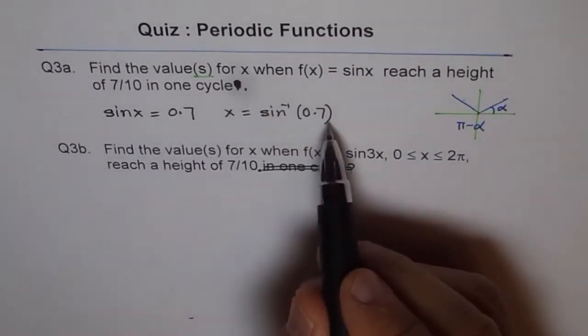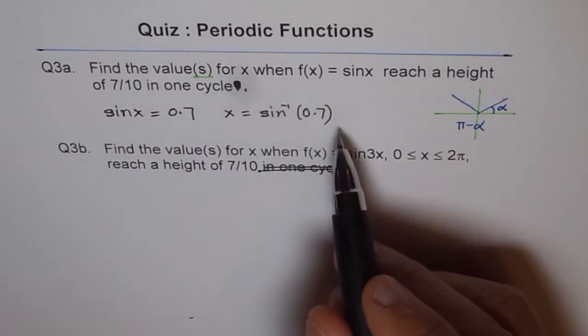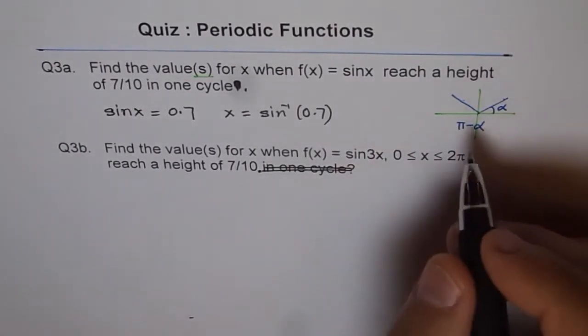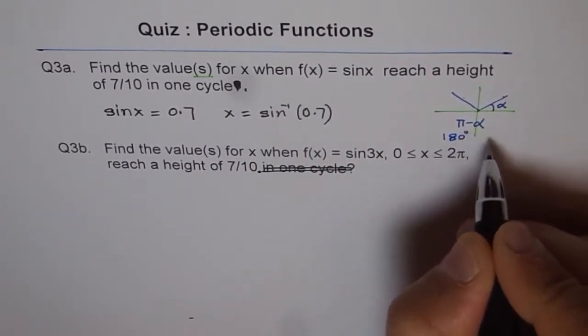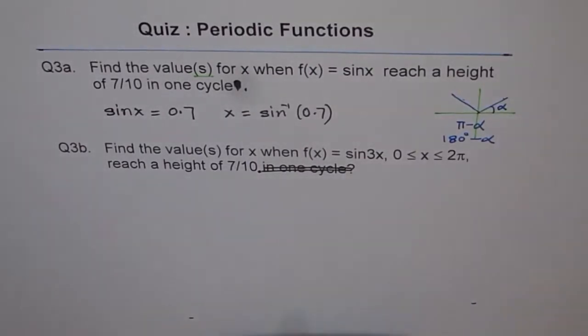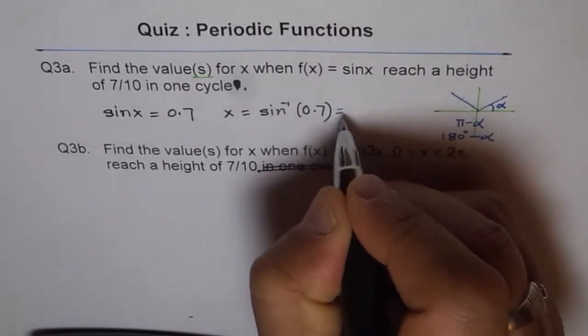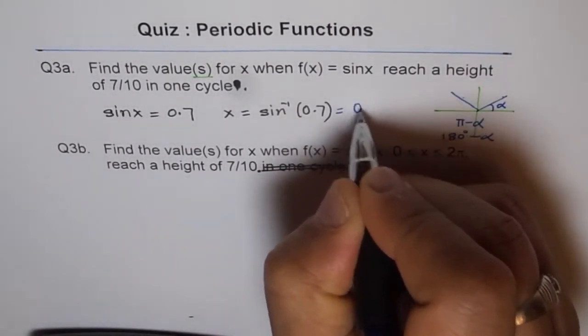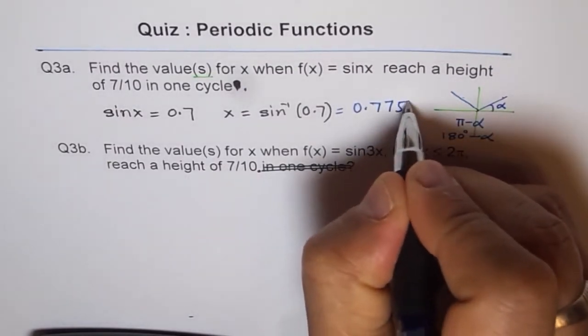You can always use your calculator and figure out the answer in radians or in degrees as you wish. If you're working in degrees, then the other answer is 180 degrees minus alpha, correct? Now let's do it. So we do sine inverse of 0.7, which gives 0.775.